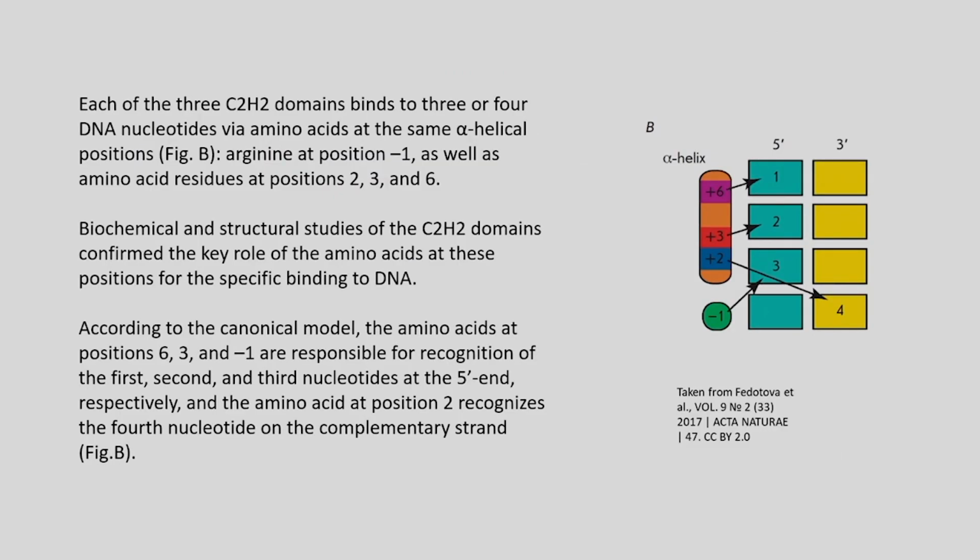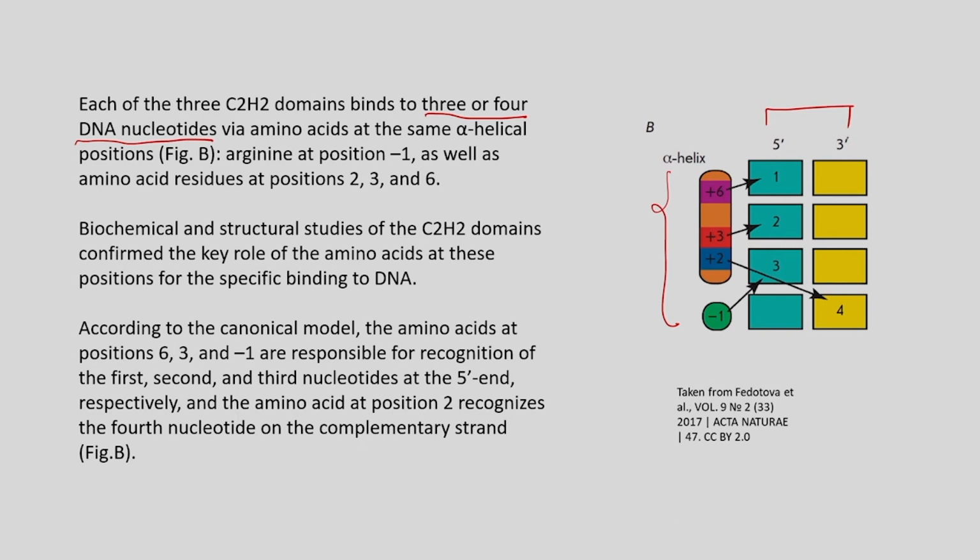Each of the 3 C2H2 domains binds to 3 or 4 DNA nucleotides via amino acids at the same alpha helical position. These amino acid positions are in the alpha helix, in the positions -1, +2, +3, and +6, and these are the positions of the DNA nucleotides in the forward strand and in the reverse strand.